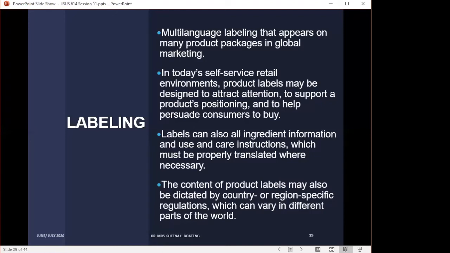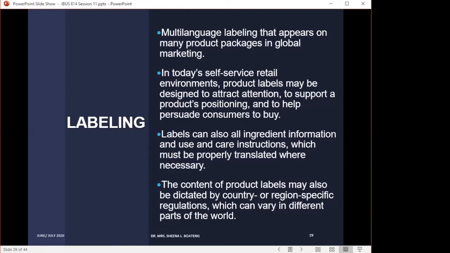Okay. So like I was saying with regards to labeling, the multi-language labeling issue comes up every time we talk about labeling in global marketing, because we need to make sure that the labels reflect the contents in a form and manner that the consumer can understand and appreciate. Labels often have to contain all the information needed, including care instructions and ingredients, all in a language that the consumer can easily understand.